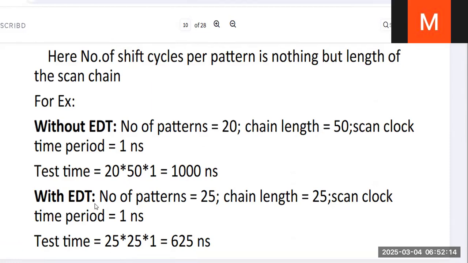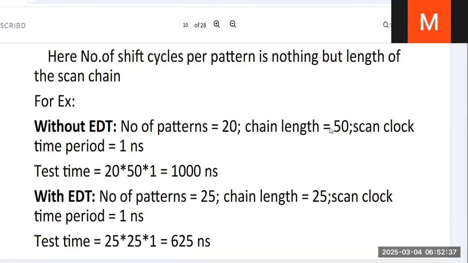With EDT, the number of patterns is increased to 25, and the scan chain length is reduced to 25. So each scan chain has a length of 25 flops. The scan clock time period is the same, 1 nanosecond.